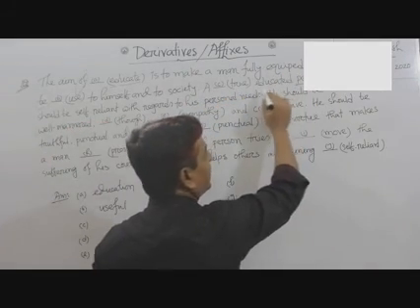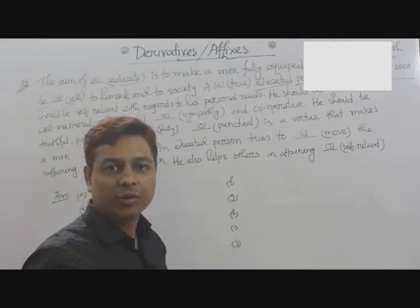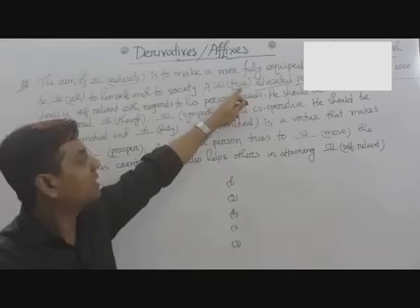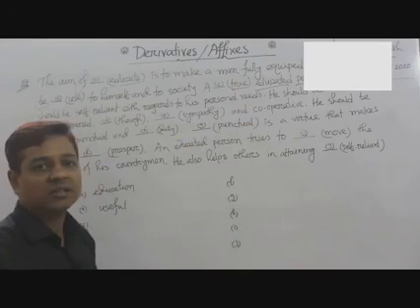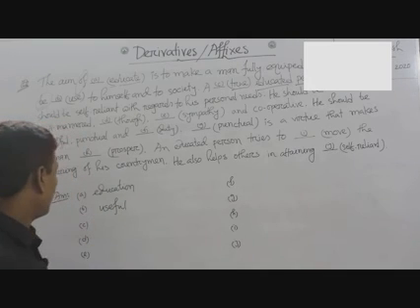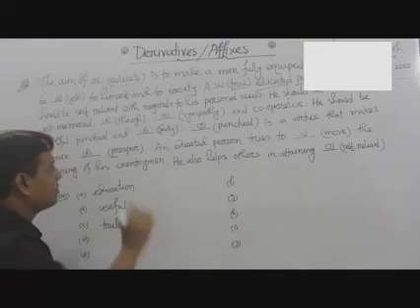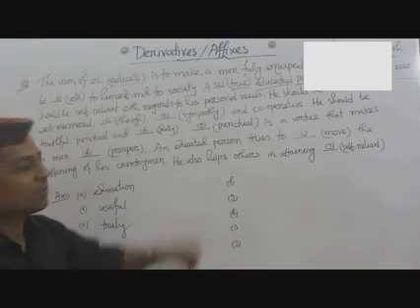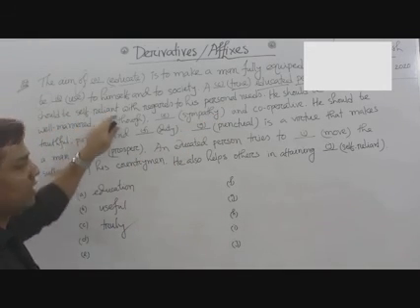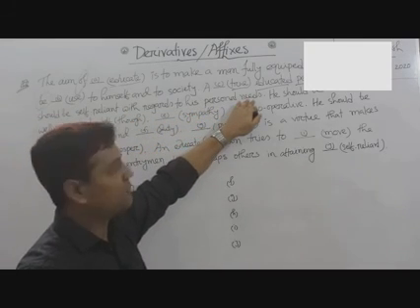Person is a noun, educated is an adjective, and before an adjective we have to use an adverb. True is an adjective, and we have to turn this true into an adverb by using the suffix ly. Truly, T-R-U-L-Y, truly. A truly educated person should be self-reliant with regards to his personal needs.